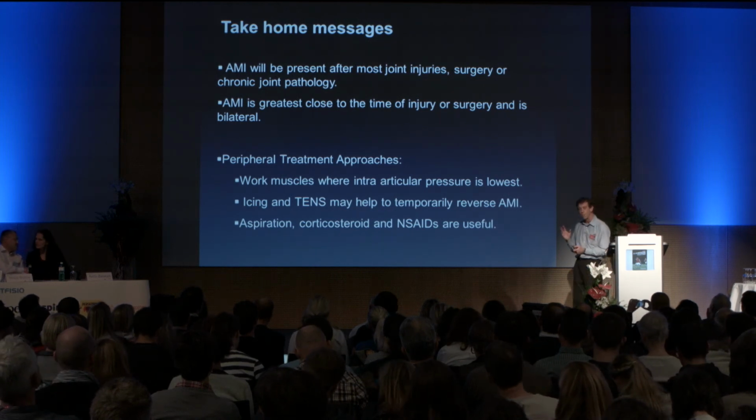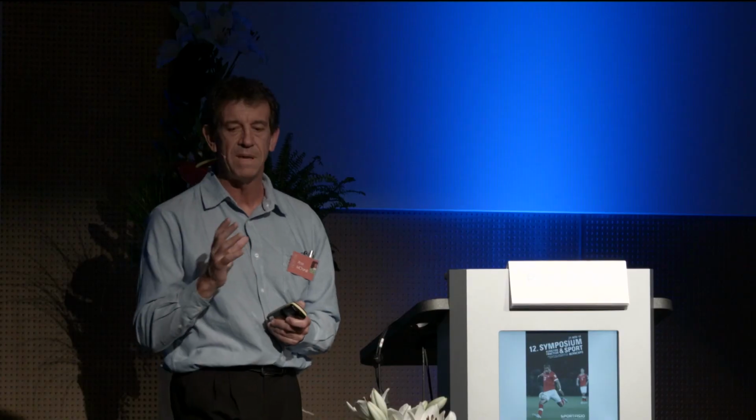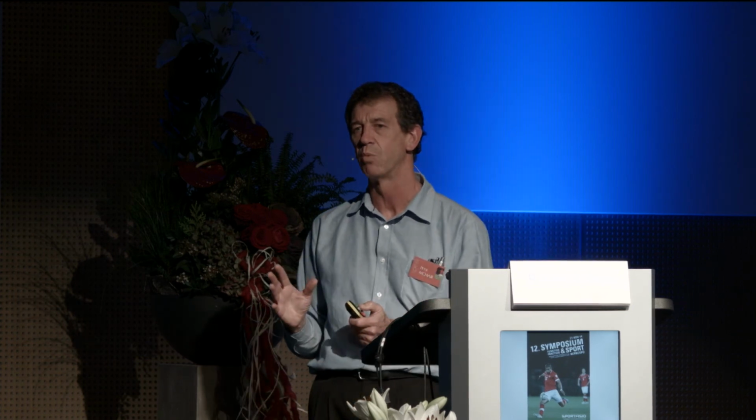Firstly, the key point is that AMI will be present after most joint injuries in the lower limb. Certainly after surgeries where swelling and inflammation occurs as a result of the surgeon's work. And it'll also be present where there are chronic problems where the joint has, for instance, articular cartilage damage, synovitis going on, changes in subchondral bone, etc. Those are situations where you're going to see AMI working.